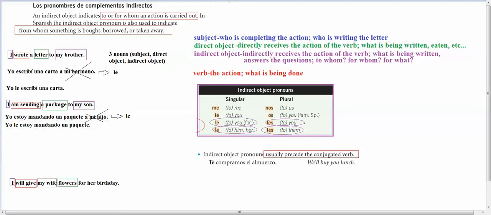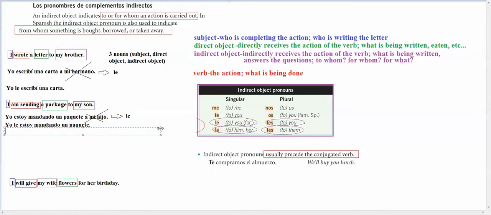Okay. Another place that you can put the indirect object pronoun is actually attached to a participle. So you can write, yo le estoy mandando un paquete, or if you prefer, you could rewrite this as yo estoy mandando un paquete a mi hijo.